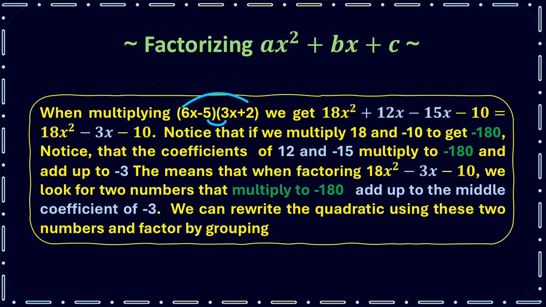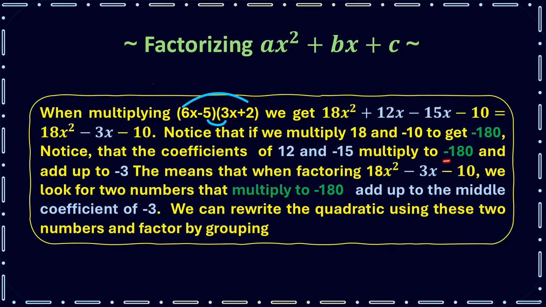Keep in mind that there are so many ways that you can rewrite negative 3. For example, you can use negative 5 and 2. Where do 12x and negative 15x come from? I want you to notice that when you multiply the leading coefficient with the constant, you end up with the number negative 180.